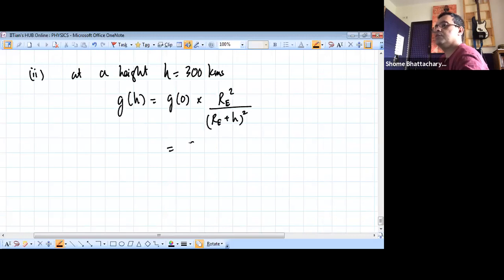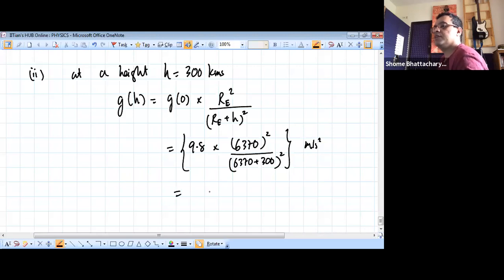That will become 9.8 into this whole thing in meters per second square.